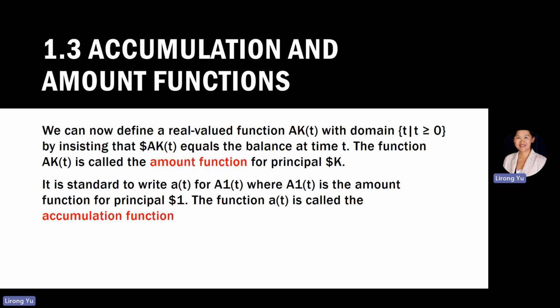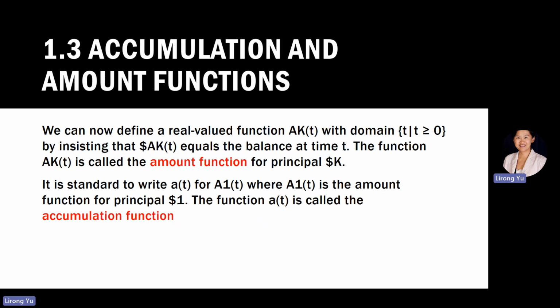This A k t is what we call the amount function, A as in amount. All right, what is the accumulation function? The accumulation function asks: if you get $1 and after time t, how much has this $1 grown into? That's a of t, lowercase a, a t. It is called the accumulation function because it models the accumulation of $1 into something bigger.